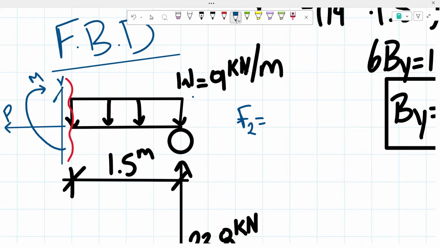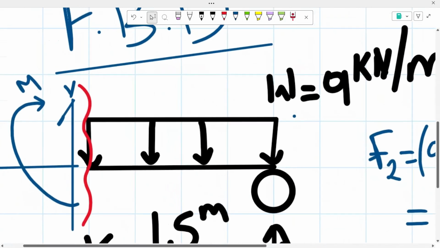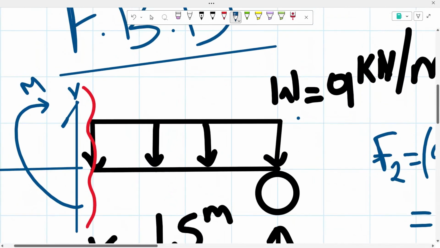So our weight of 9 kilonewtons per meter, and then multiply that by 1.5 meters. And we know that that will give us a concentrated force of 13.5 kilonewtons. And once again, since this is a uniform loading, we know that it's going to be halfway. So half of 1.5 meters is 0.75 meters.